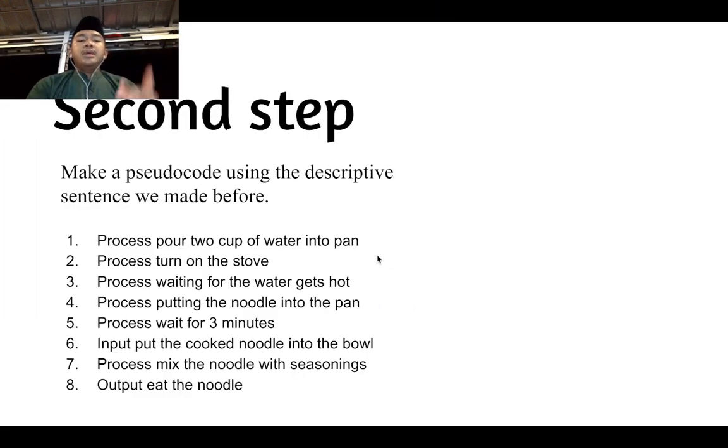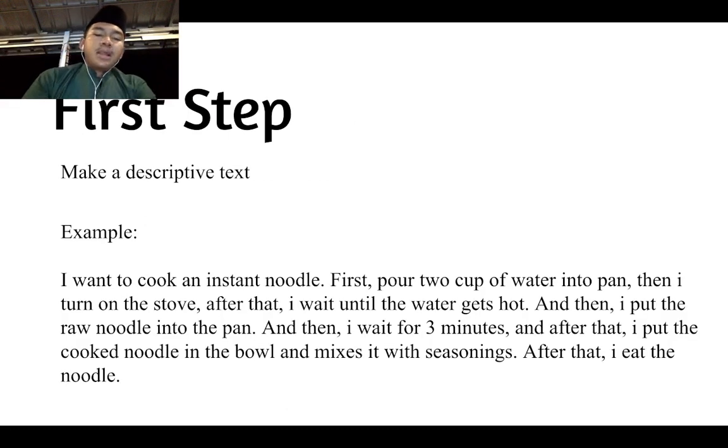And then we're gonna see the pseudocode I made. First, I just want to explain that, as I said, pseudocode is a simple shape of the descriptive text like this. First, pour 2 cups of water into the pan. Then I turn on the stove.